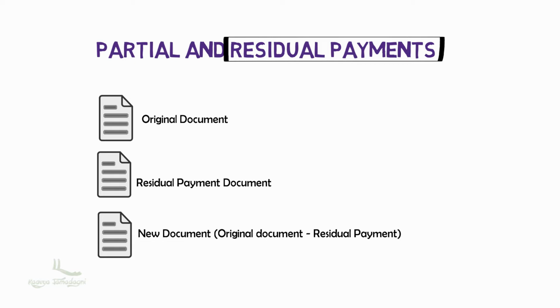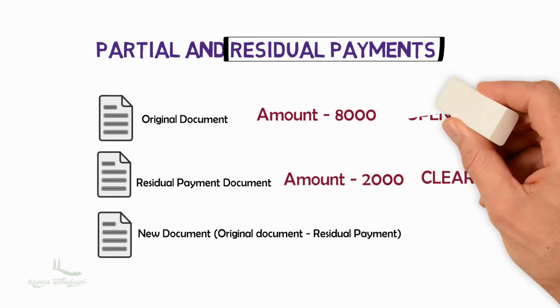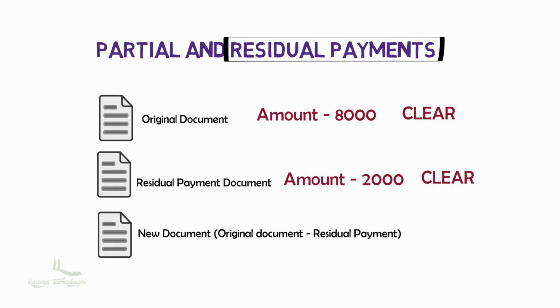Let me explain with an example. Let's say I have 8,000 as open item. I will now post the residual payment of 2,000. Once I post this payment, the system will clear the open line of 8,000 completely, and for the remaining amount, that is 6,000, the system will create a new open line item.